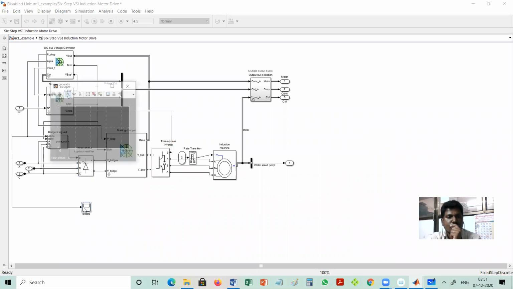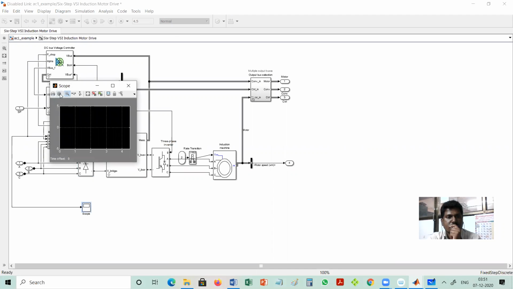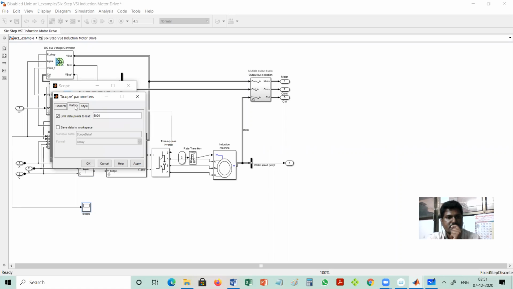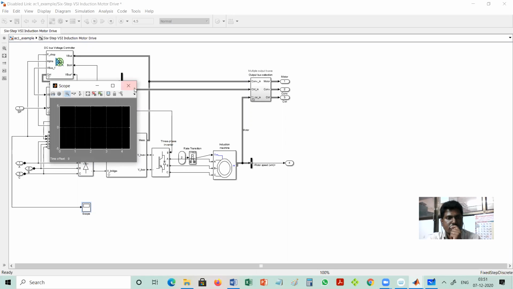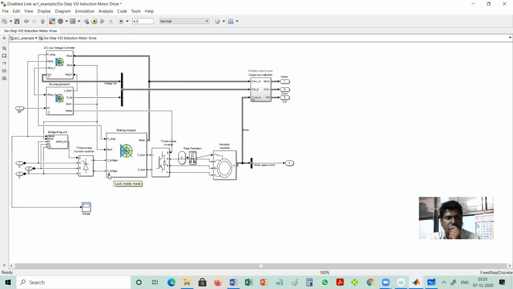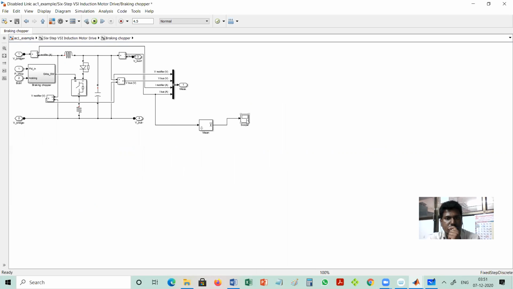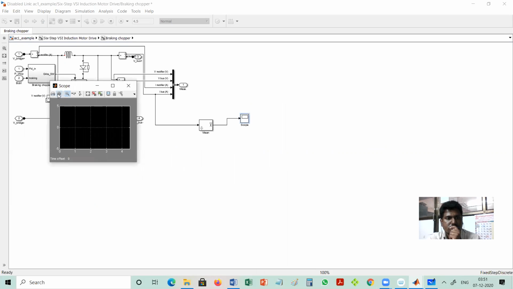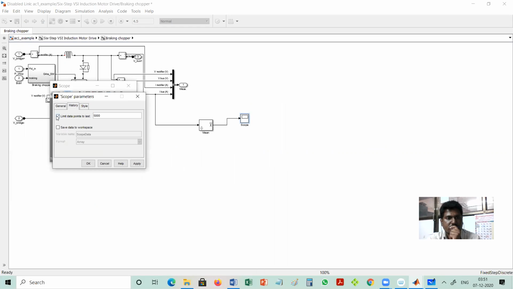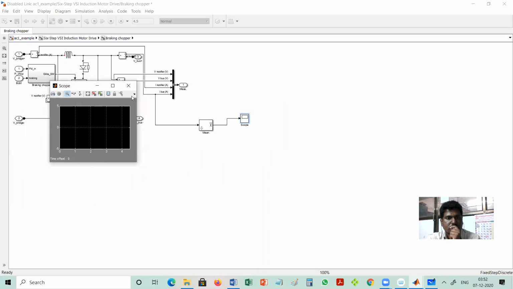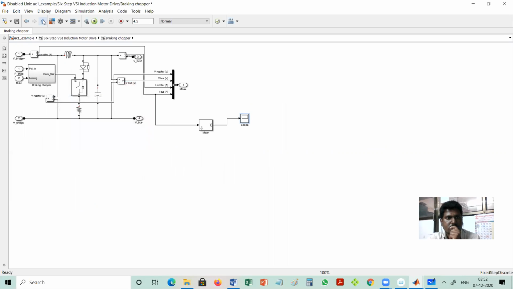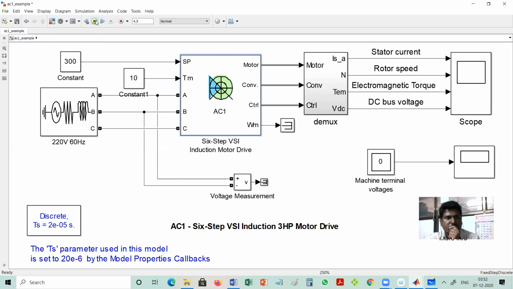In this scope, we have to change the settings in history. Unclick limit data points. Here also unclick that option. Now I will run once again.